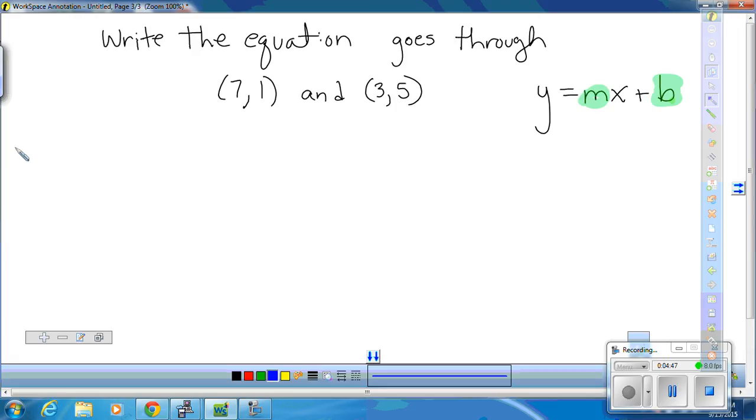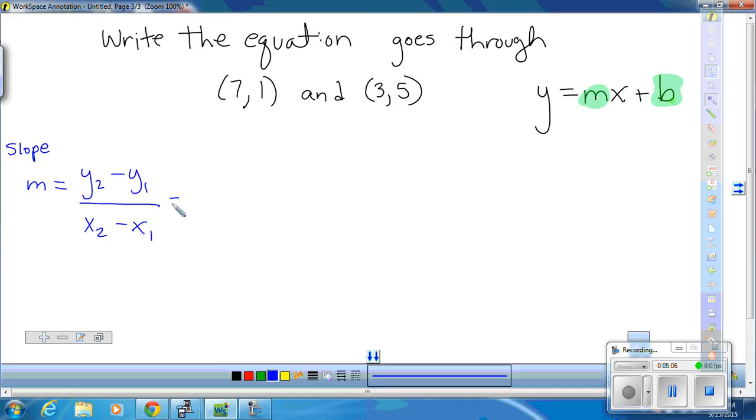And this is why we learned the slope formula the other day. We know that slope is equal to y2 minus y1, the change in y, over x2 minus x1, the change in x. So since I have 2 points, I can find the slope.